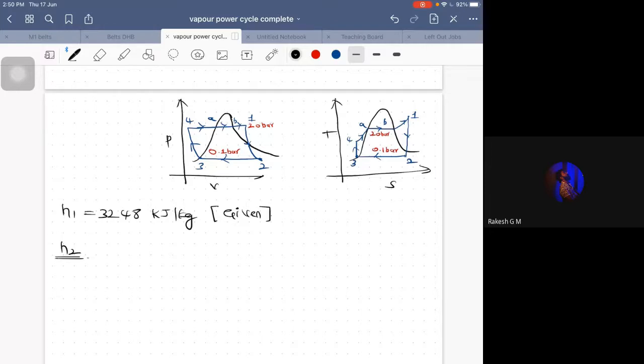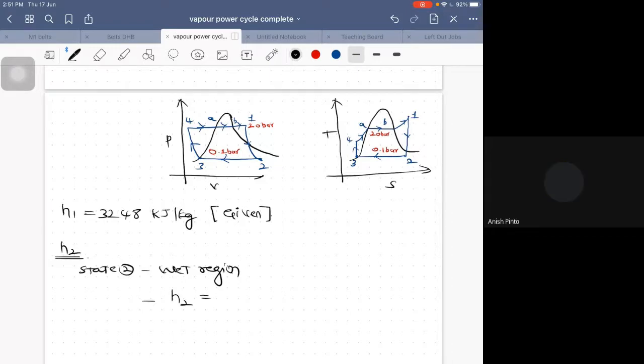Now, if I want to calculate the value of H2, where is my state point 2? In which region? Wet region. So, my state 2 is in the wet region. If it is in the wet region, how will I calculate the value of H2?